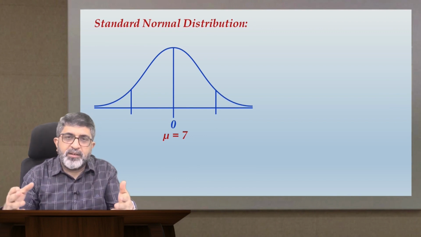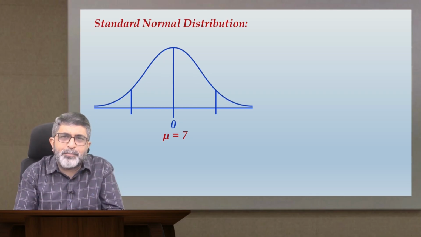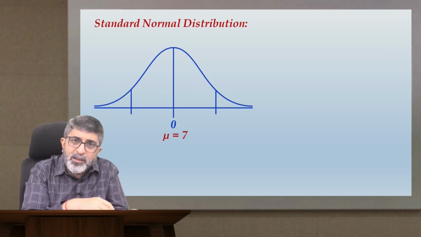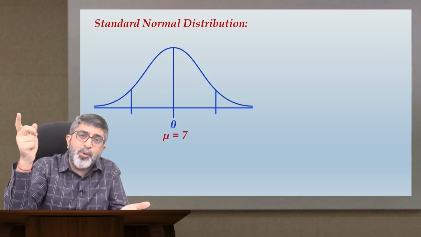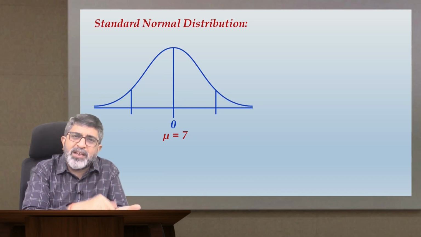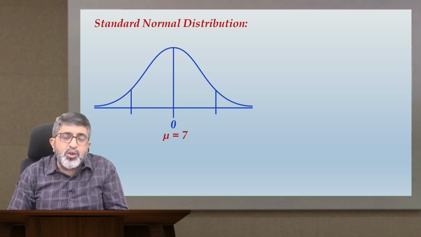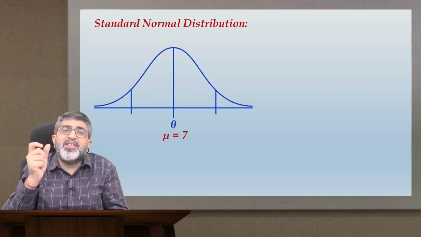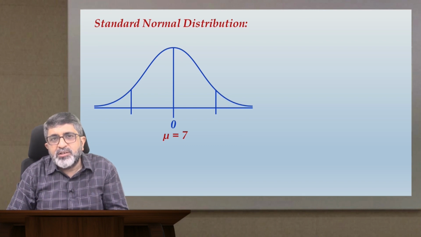If you knew the population mean, why would you draw a sample and analyze it? You are trying to draw a sample and infer the mean of the population from the mean of that sample. So obviously your sample mean will not match the hypothesized mean, which is 7 days over here.